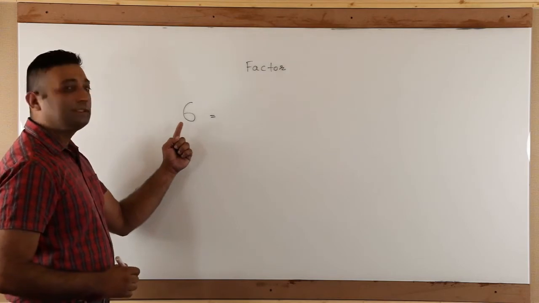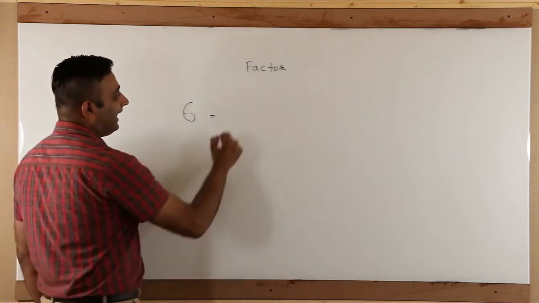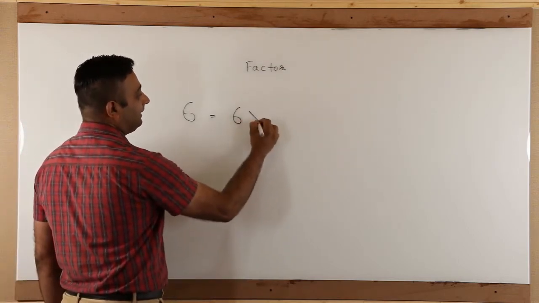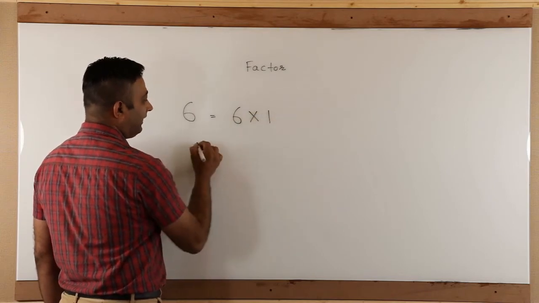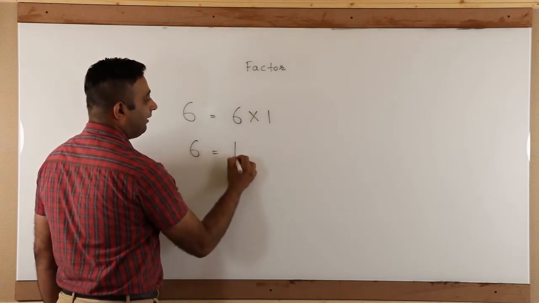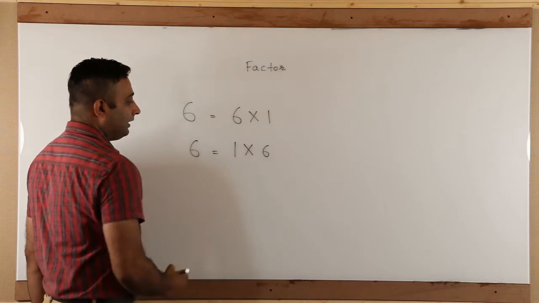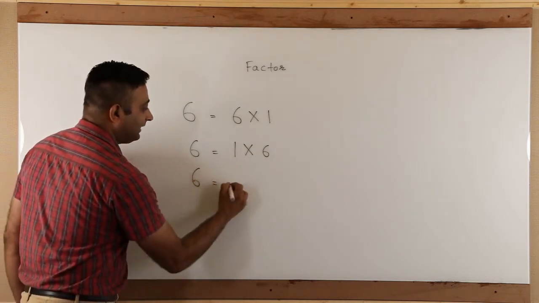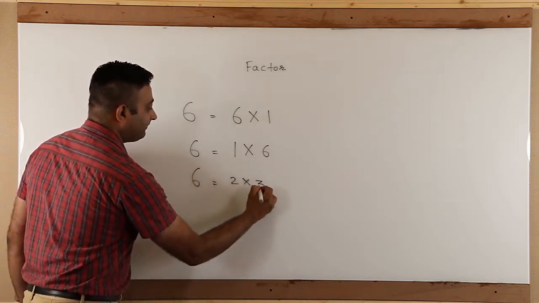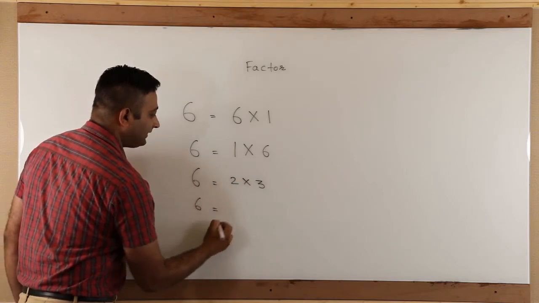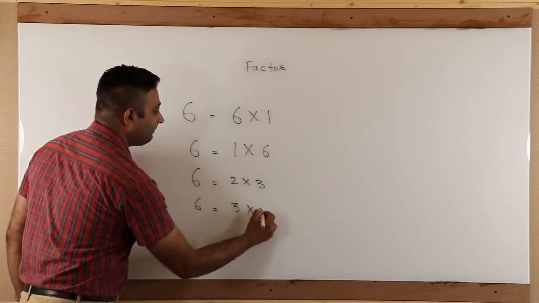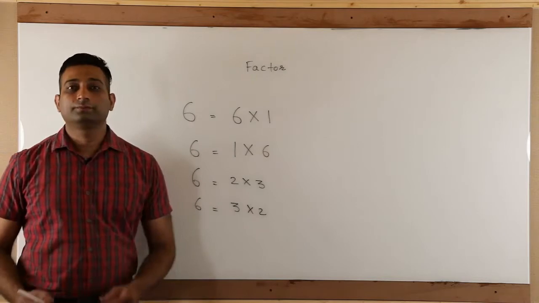We took a number 6. We can write 6 as 6 multiplied by 1. We can write 6 as 1 multiplied by 6. We can also write 6 as 2 multiplied by 3, and we can also write 6 as 3 multiplied by 2.